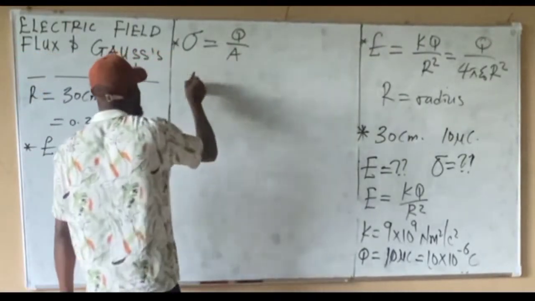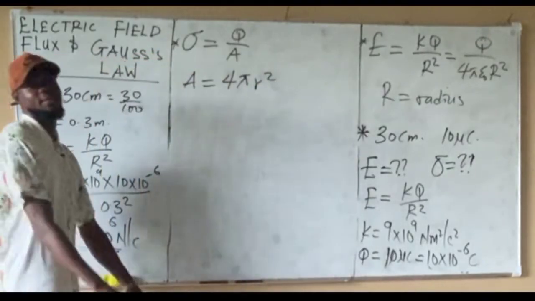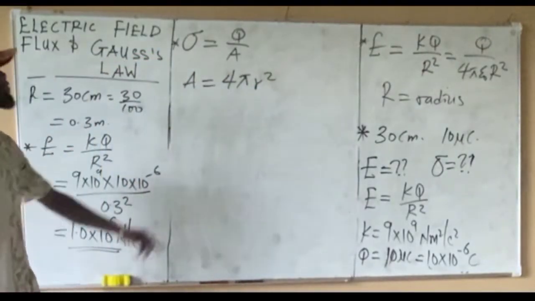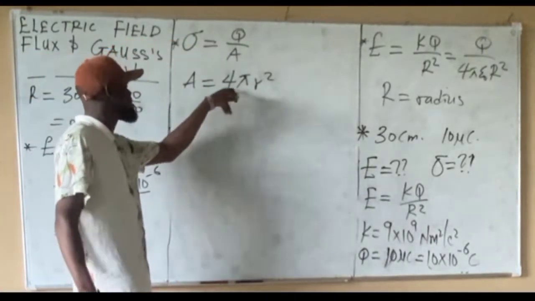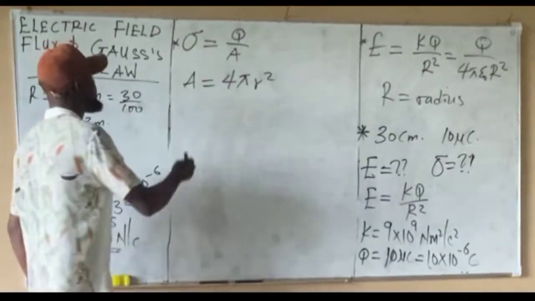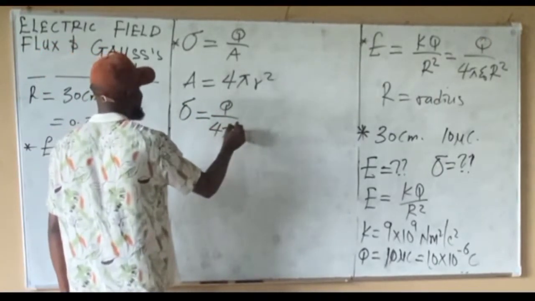Now, the area of a sphere is simply 4 times the area of a circle. Area of a circle is pi r squared. The area of a sphere is 4 times that. So for a sphere, this will be equal to Q over 4 pi r squared.